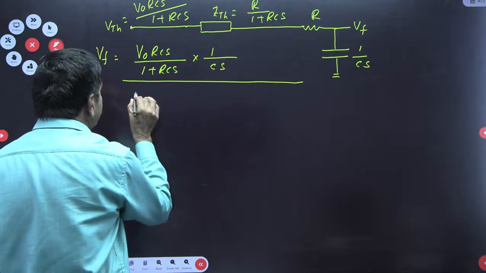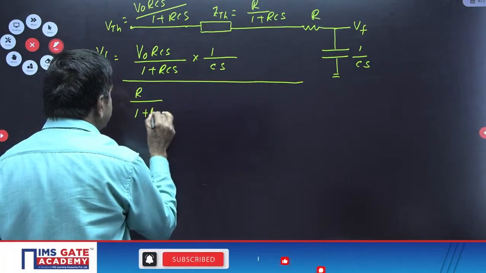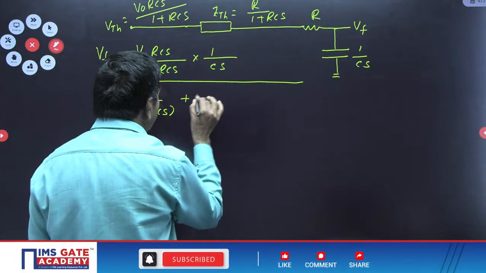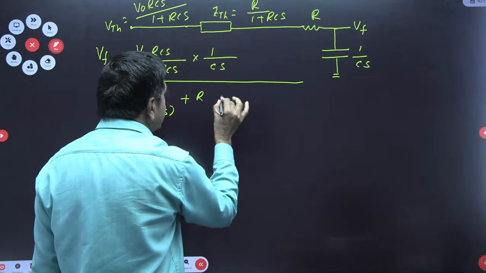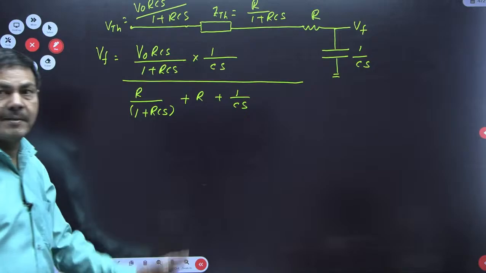ZTH is nothing but R by 1 plus RCS, plus R plus 1 by CS. Yes, I am getting this value.